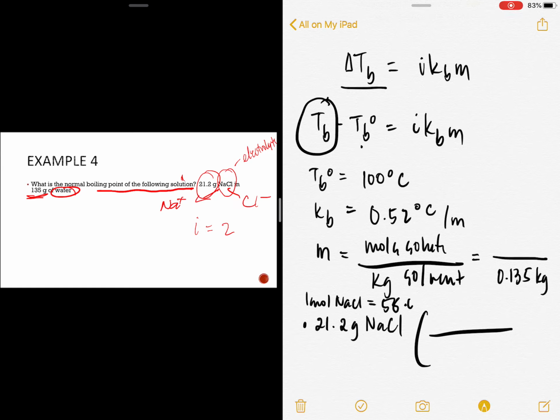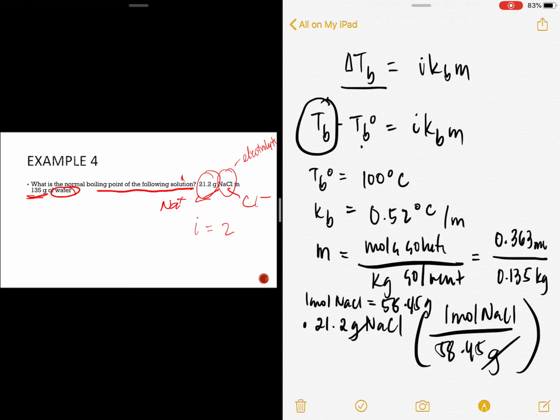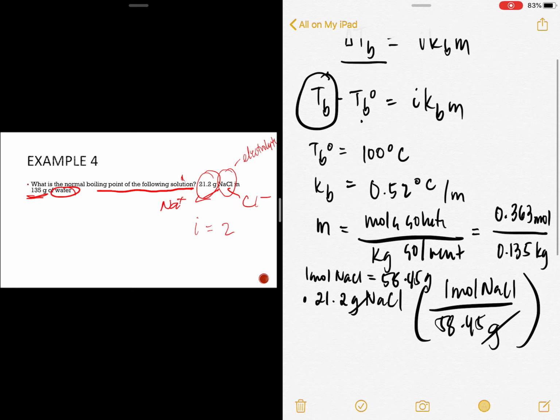This is 58.45 grams. So at the bottom, 58.45 grams so they cancel. Then 1 mole of sodium chloride. Now 21.2 divided by 58.45 is 0.363. So 0.363 mole. Now you can solve for the molality.